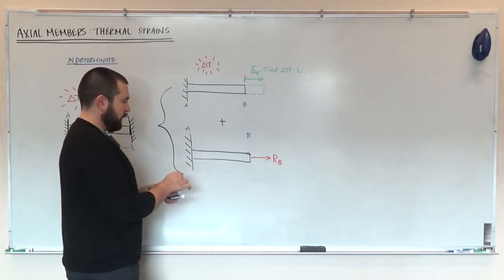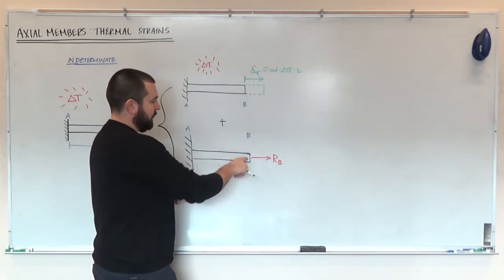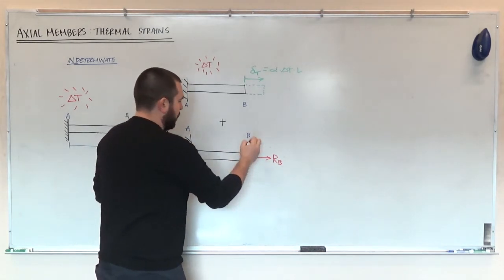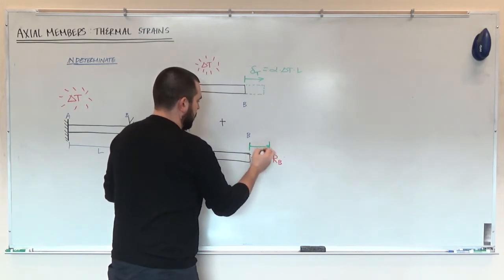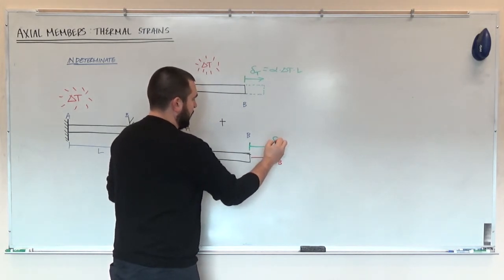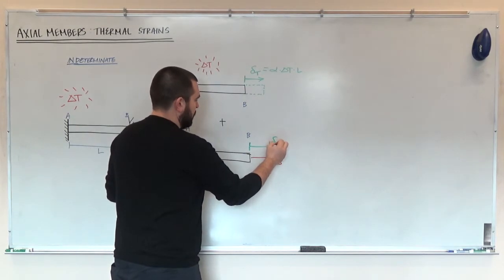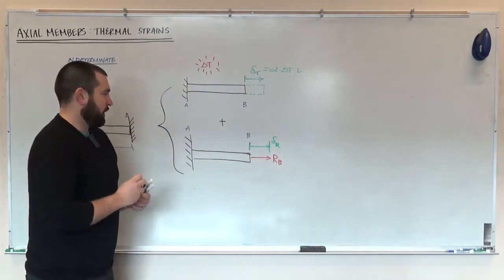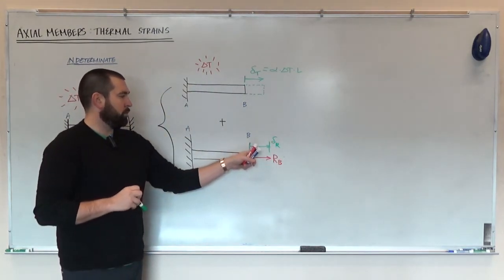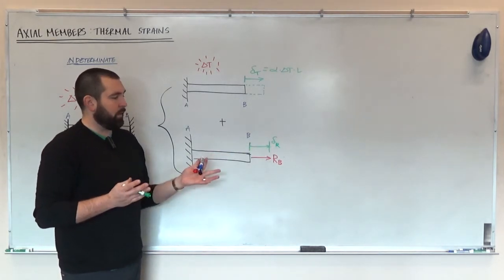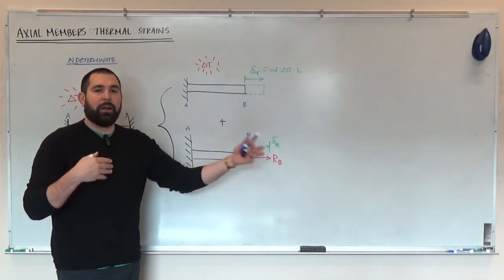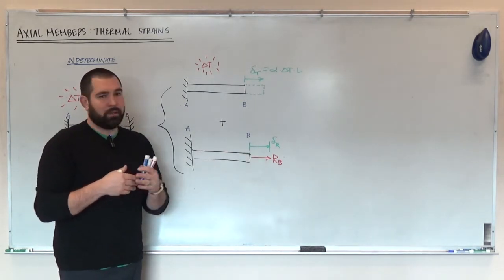So here, I still need to keep track of the deflection due to this new redundant support reaction. And so I'm going to call this the change in length due to this reaction, delta R. And now I drew the deflection following the same sign convention as my assumed force here.